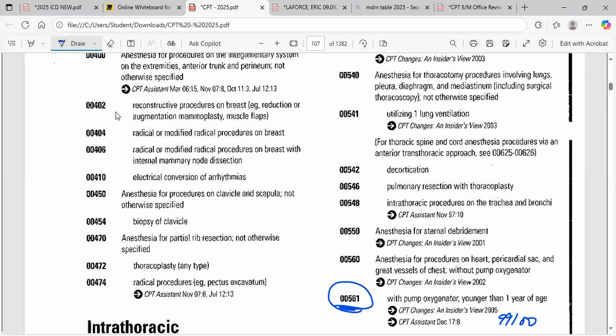No, ma'am. Very good. We should not. Why? Because age is already a component of the code. So we are not going to use this.